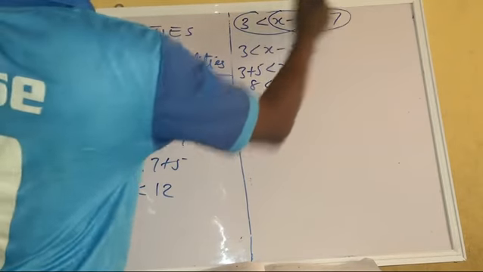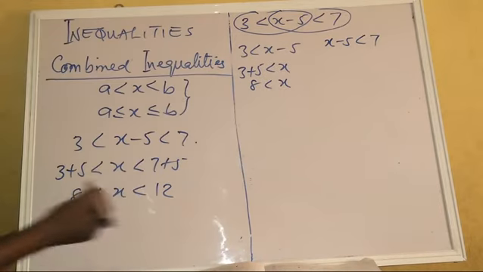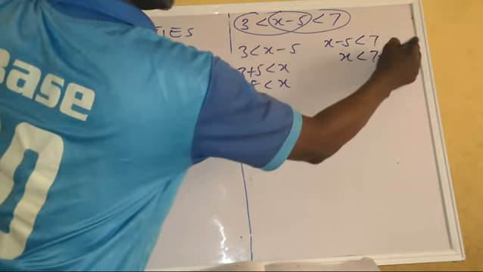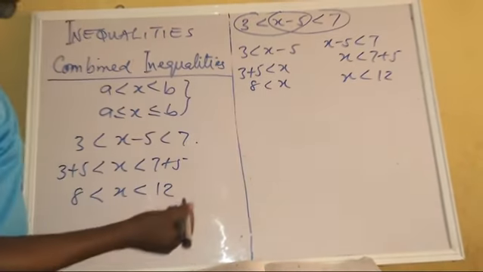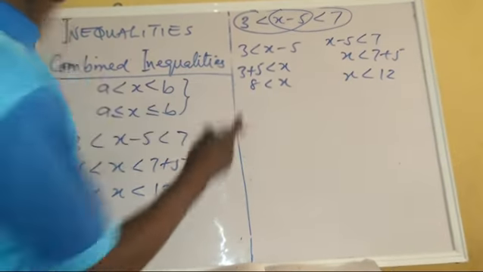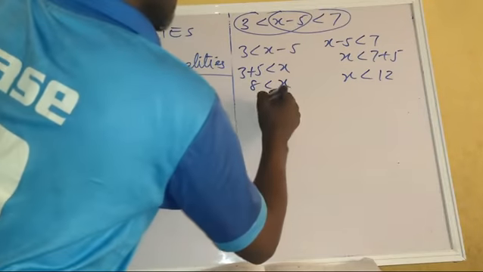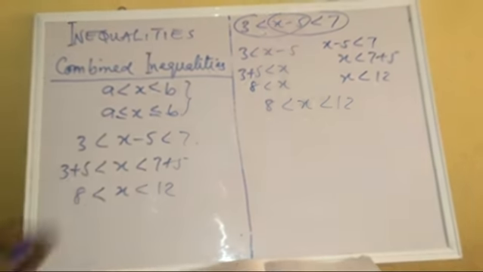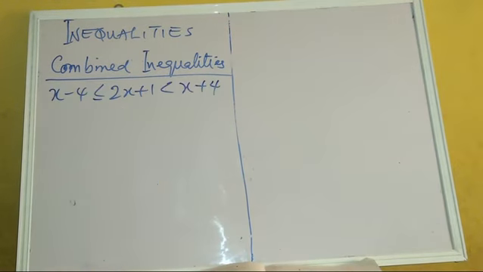Also you combine these two. It means x minus 5 less than 7. Then x less than 7 plus 5, x less than 12. So when you look at the final result now, 8 less than x and x is less than 12. It means 8 less than x less than 12. So it's still the same thing we are going to arrive at, whichever way we solve it.